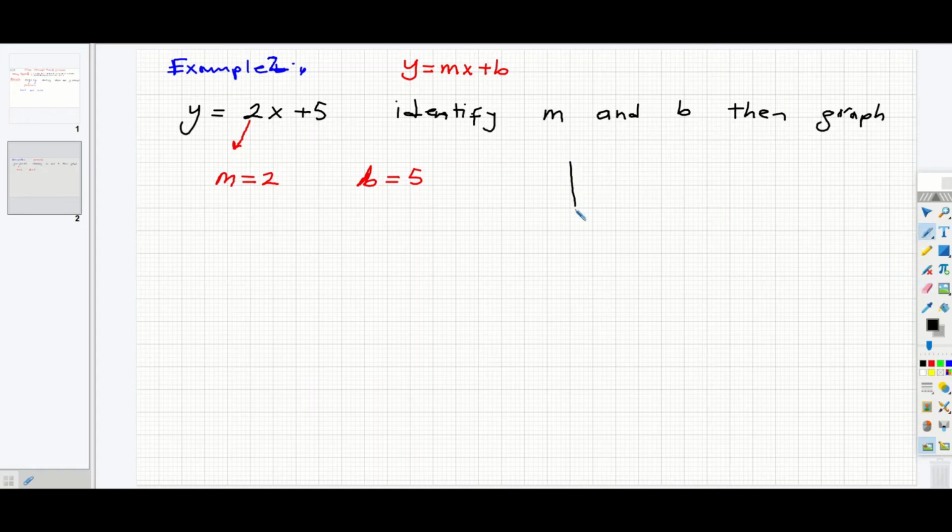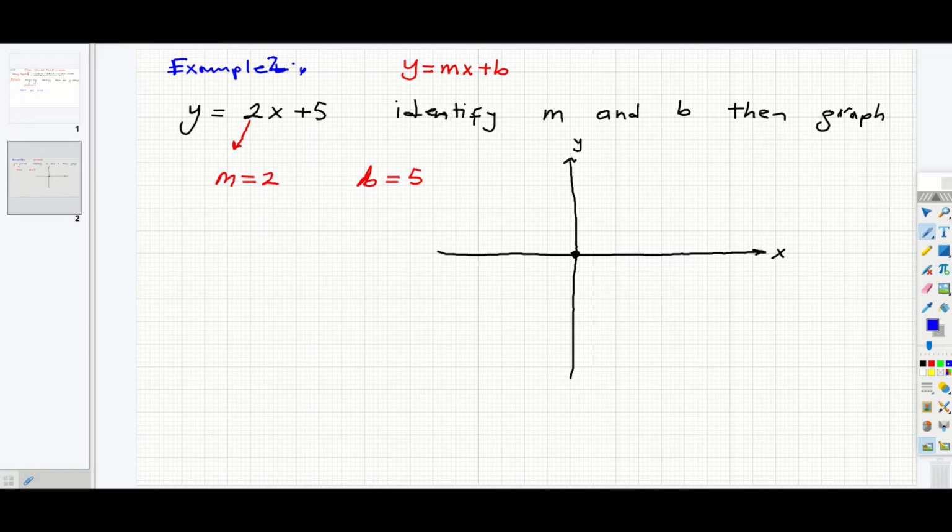I'll just put it like this. Right now this is our y-intercept, this is our x-intercept, and this is the origin here.